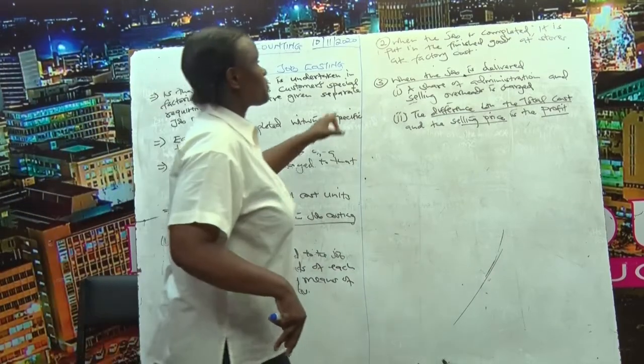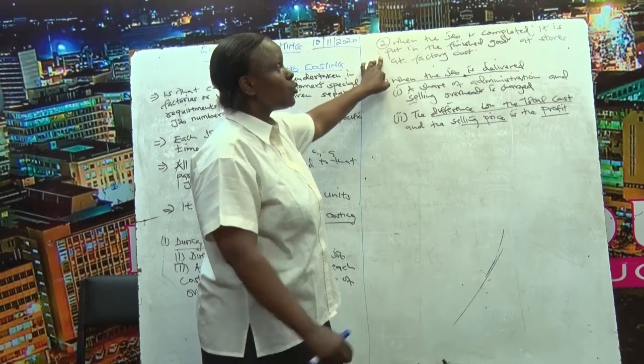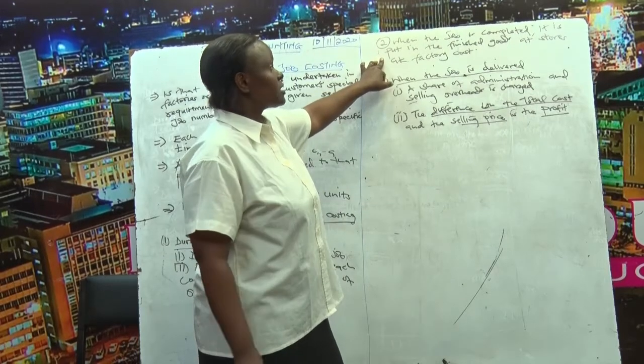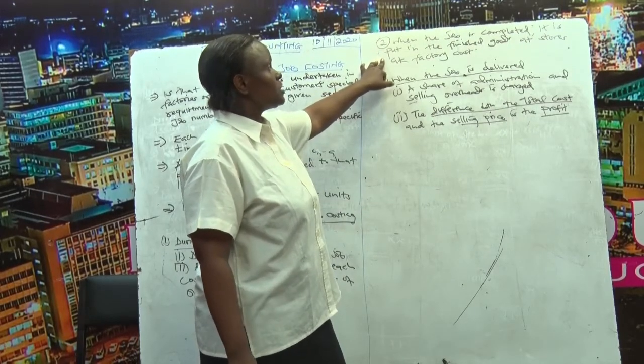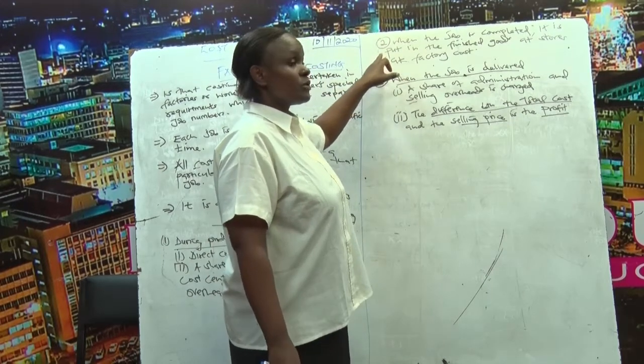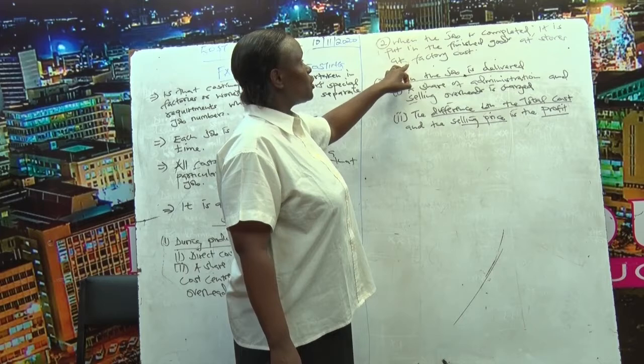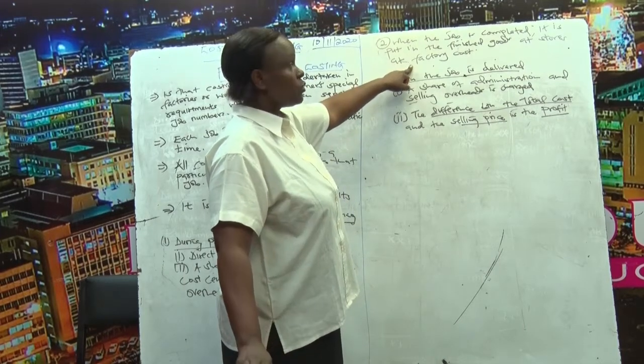Step 2, when the job is completed, it is put in the finished goods store at factory cost. So you charge the goods which you have taken to the store after they have been completed at the cost which you incurred in the factory, not the selling price.